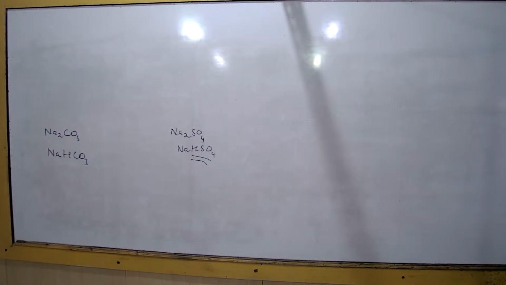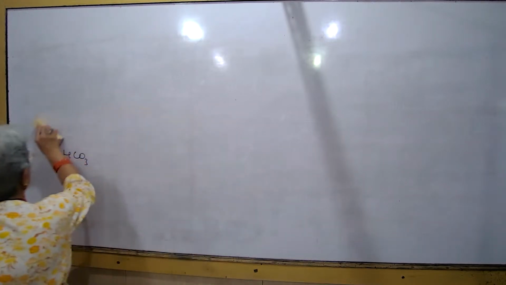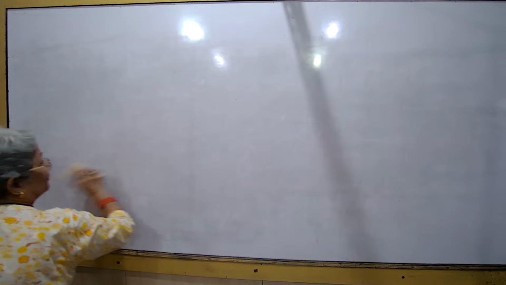Shall I start with chemical equation or do you still want to read? Chemical equation? Okay. Now, how do we write a chemical equation? How do we balance a chemical equation? First of all, remember one thing.